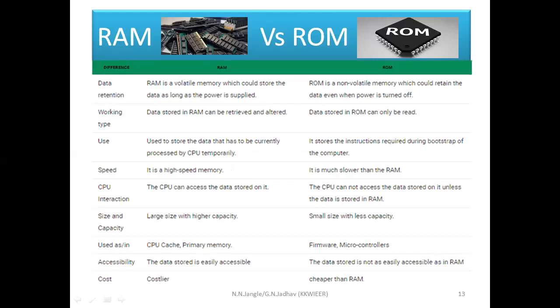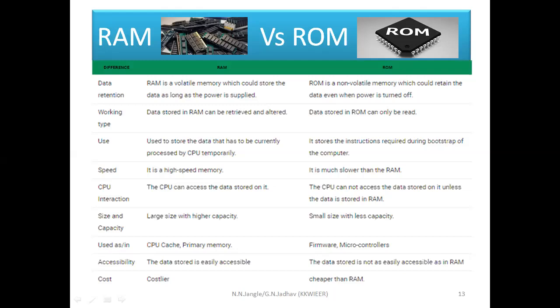Let us first see the first parameter, that is data retention. RAM is a volatile memory, which could store the data only as long as the power is supplied. But that is not the case with ROM. ROM is a non-volatile memory which could retain the data even when power is turned off.